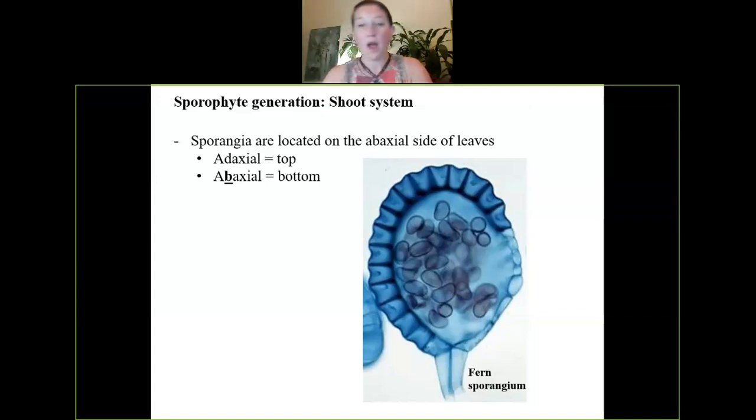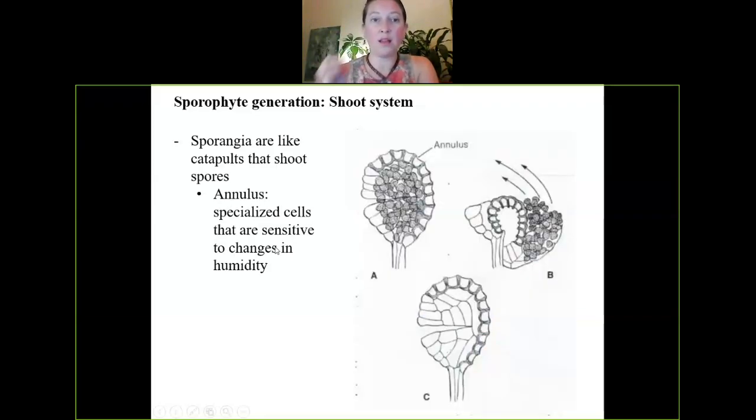Yeah, I do. What these special cells do is they allow the fern sporangia to shoot spores like a catapult, literally like a catapult. So here's that annulus again, all around the edge. And the special cells that make up the annulus are sensitive to changes in humidity in the air.